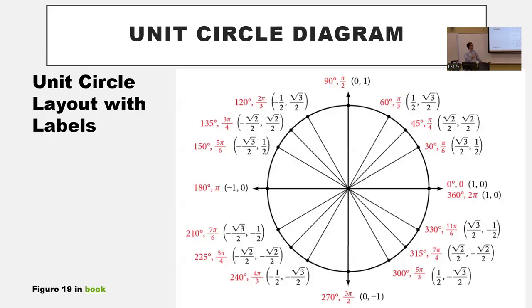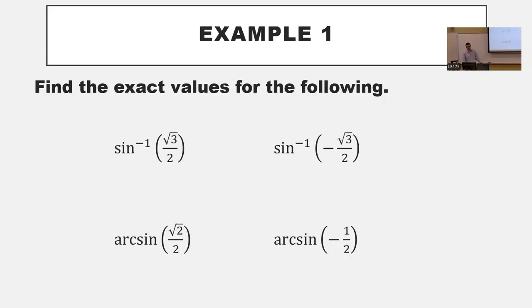Now, like I said, we could trace this around on the unit circle, and we could use the unit circle to find inverses of sines and inverses of cosines of distinct values. So let's look at the sine inverse of root 3 over 2. Let's look for that on the unit circle. We'll do this by hand first.